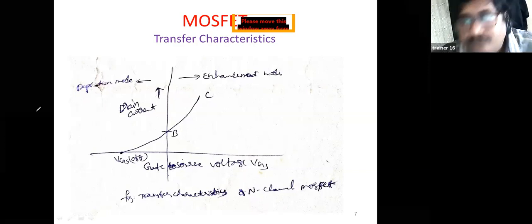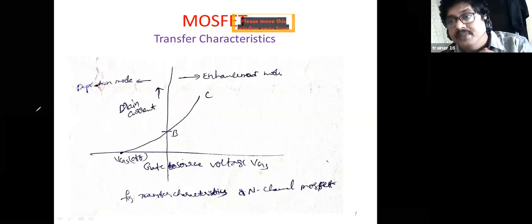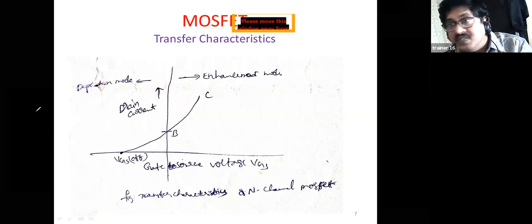Better put a star mark. If you go through the previous question papers, this MOSFET was asked, sometimes in 3 sets also. MOSFET, metal oxide semiconductor field effect transistor. You have to draw the MOSFET construction for 16 marks. They are asking directly for 16 marks. You have to draw the MOSFET construction and symbol, and next go for the 2 modes, depletion mode and enhancement mode, and then write down the drain characteristics and transfer characteristics.